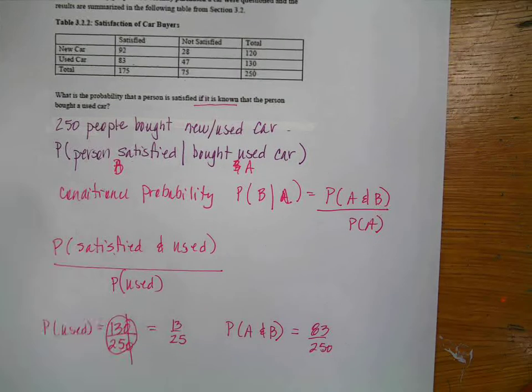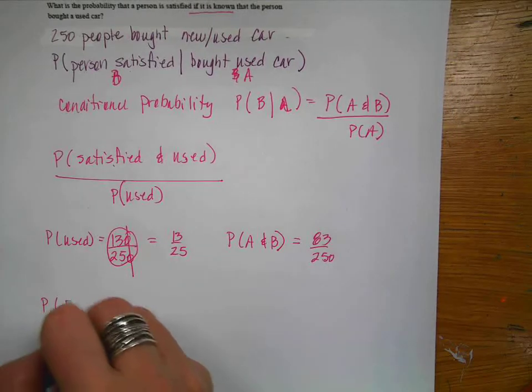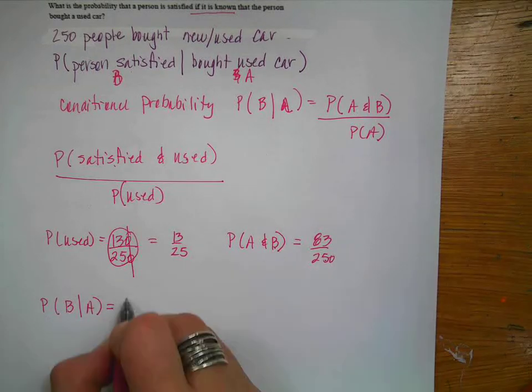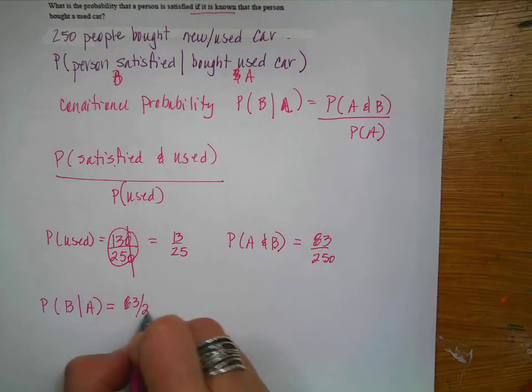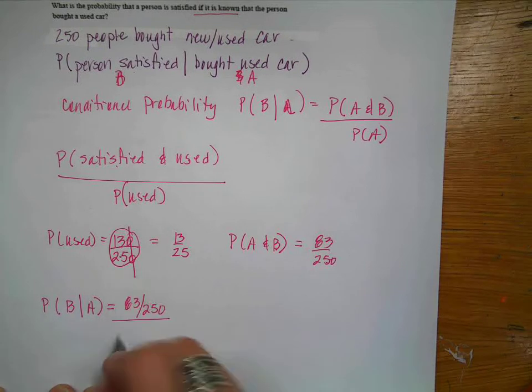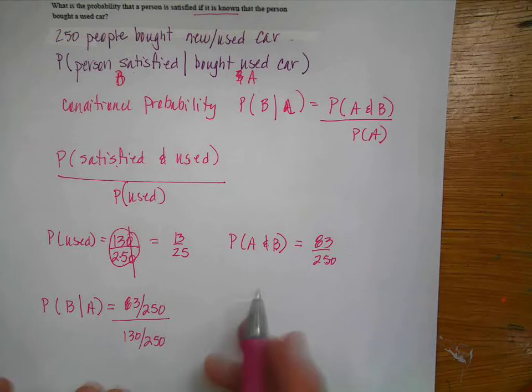Because I can't reduce this one, I'm going to use 130 divided by 250. So then my probability of B given A is going to be the probability of A and B, 83 out of 250, divided by the probability of used, which is 130 out of 250.